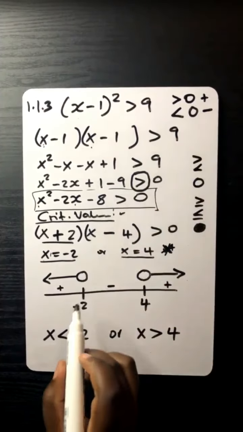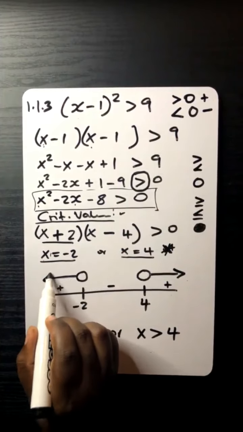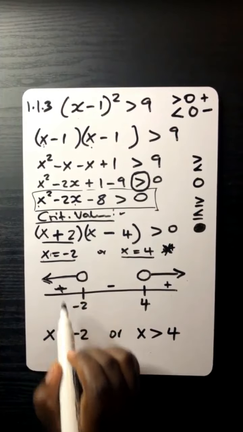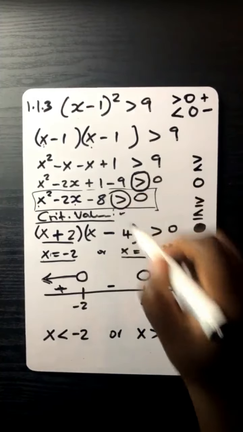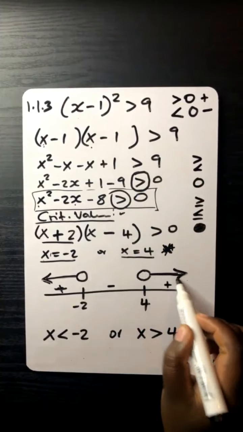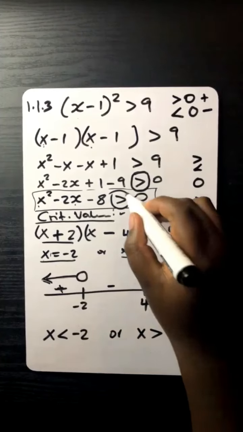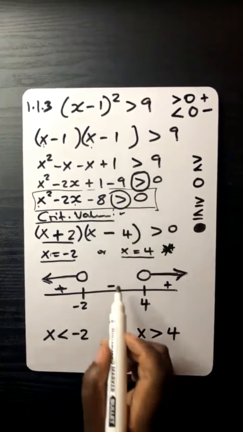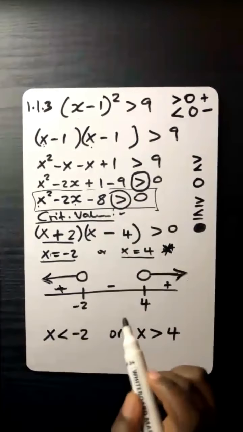So that's why you say from this inequality going in that direction, that's where you have positive values, which are the values which are greater than 0. So obviously in between, it means that's where you get values which are less than 0.